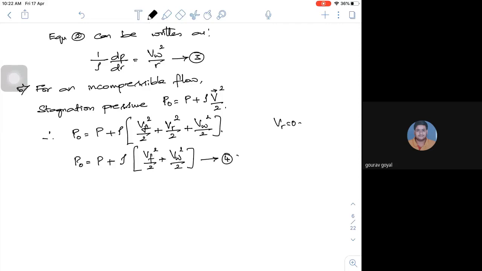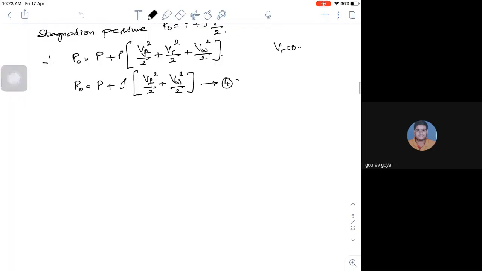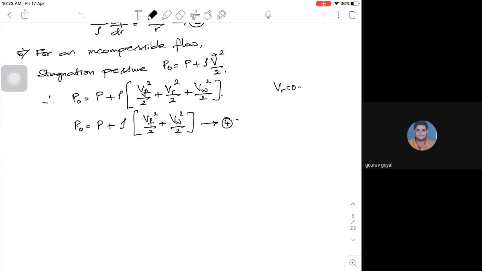Now this represents the total pressure actually. If I want to get the variation at each and every point from the axis towards maybe the casing at any given point, I need to differentiate it.